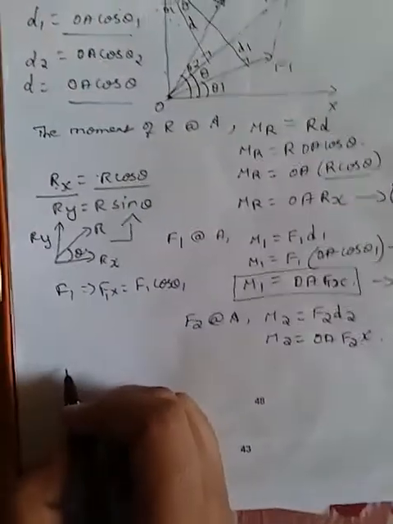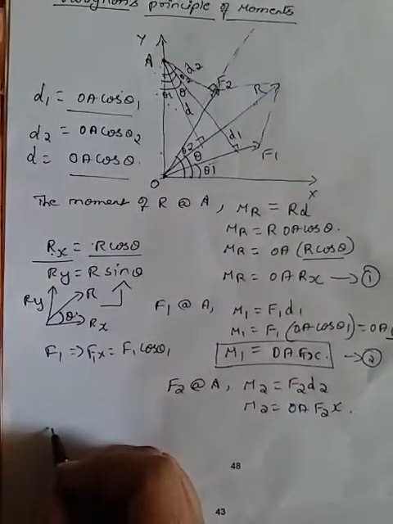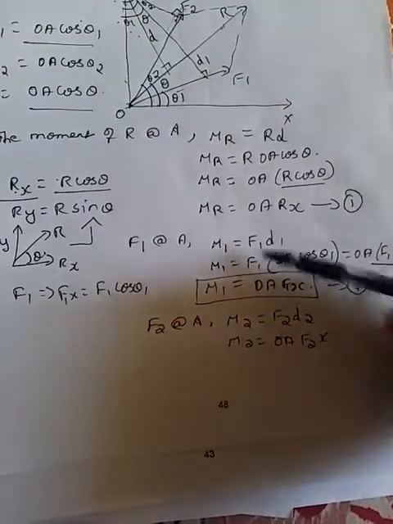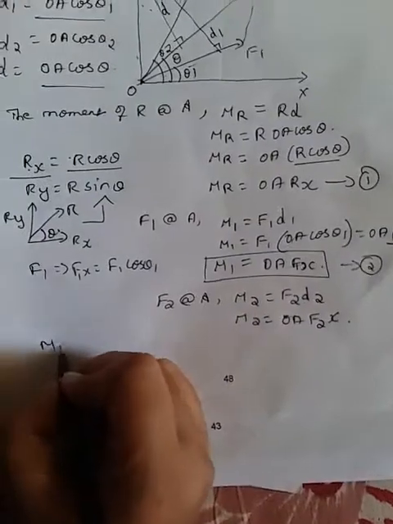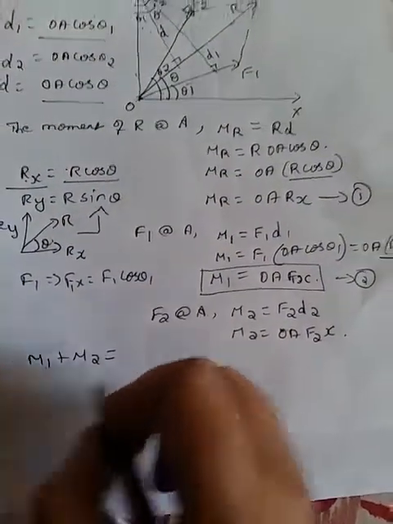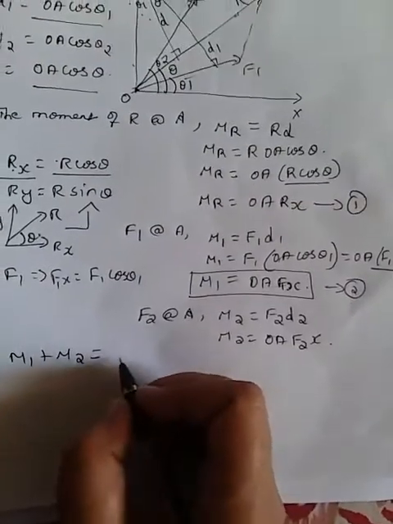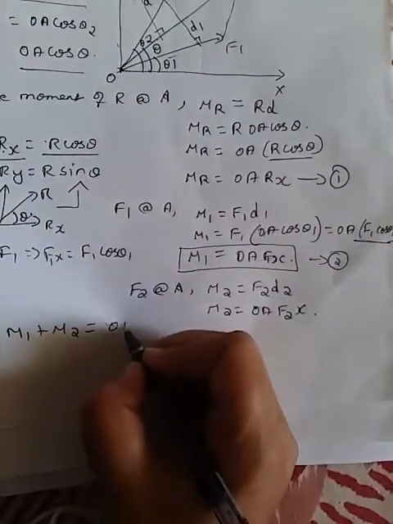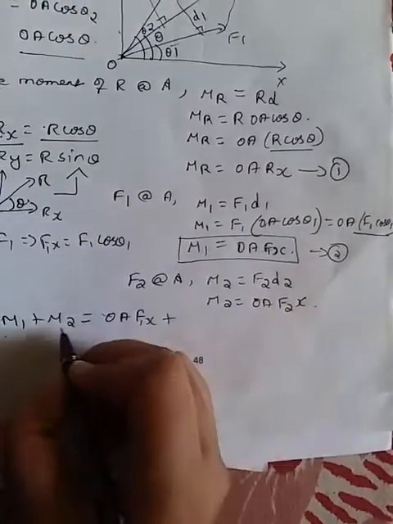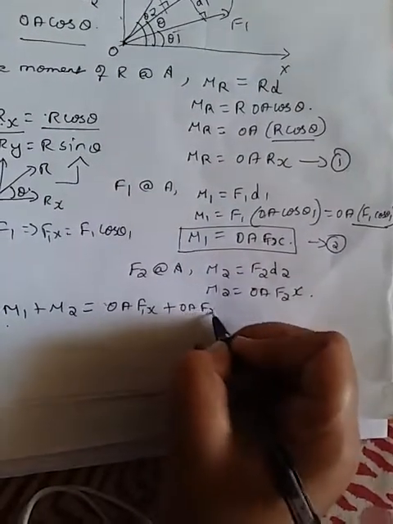Now what does the principle state here? The moment of these two forces, that means moment of F1 and F2, that is M1 plus M2, must be equal to MR. So let us prove that. So let us take the equations. M1 value is OA into F1x plus M2 value is OA into F2x.